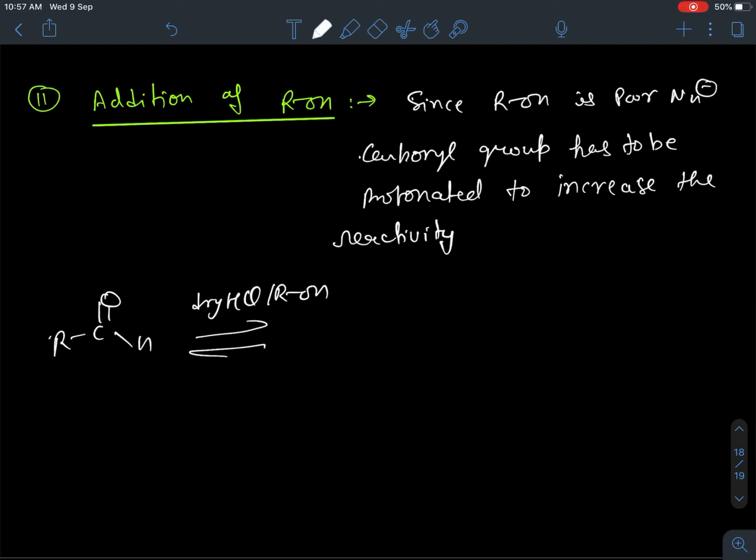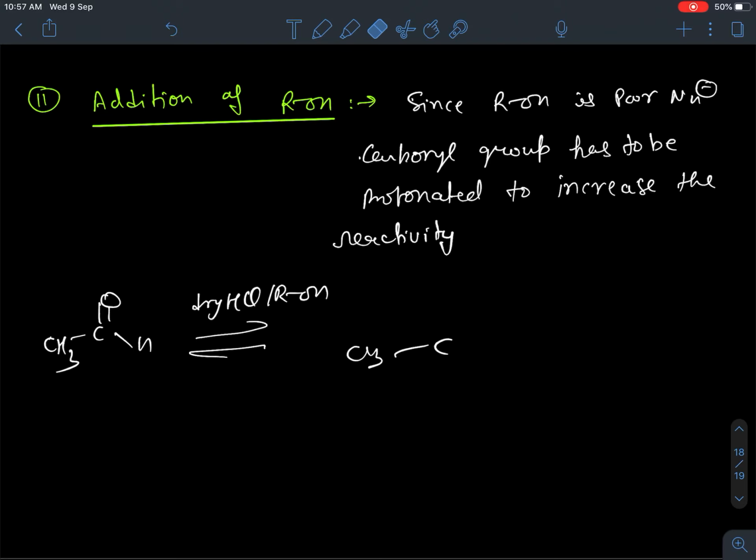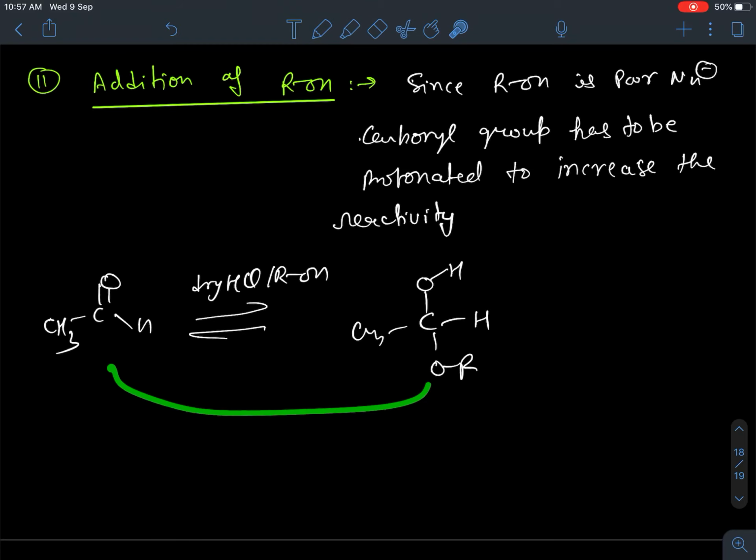Suppose I am taking CH3, then it will form CH3 C with OH and OR. Once again look at the sign, every time I am showing you the equilibrium sign. There is a tendency to come back, so that's why dry HCl is very important. If you simply add water, this will come back to this, right? So this is known as hemiacetal.